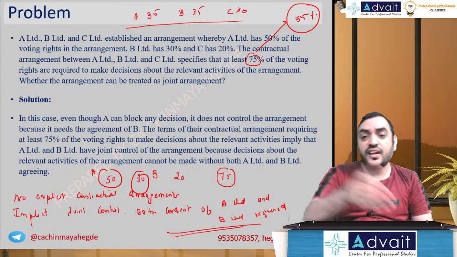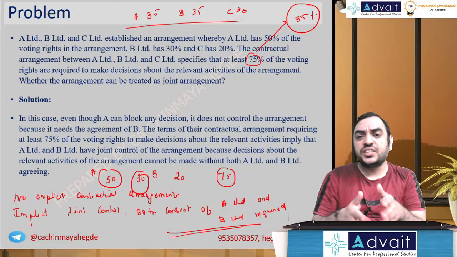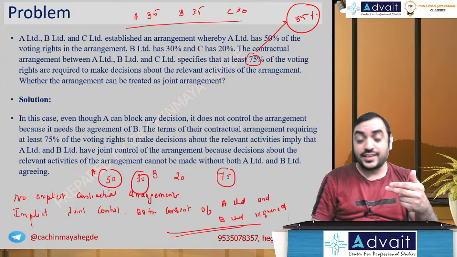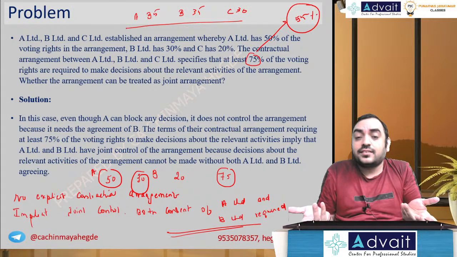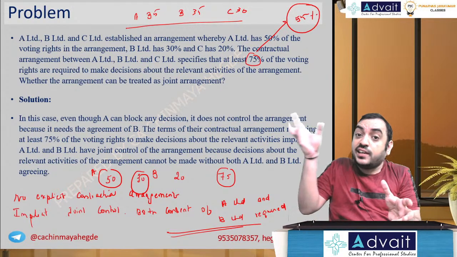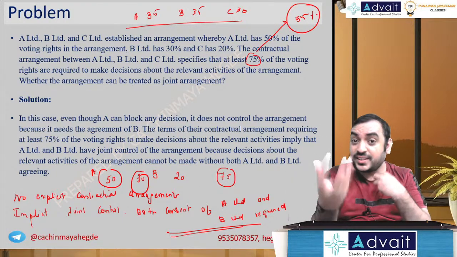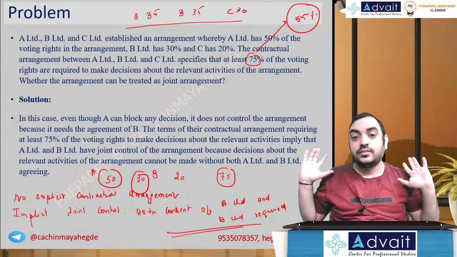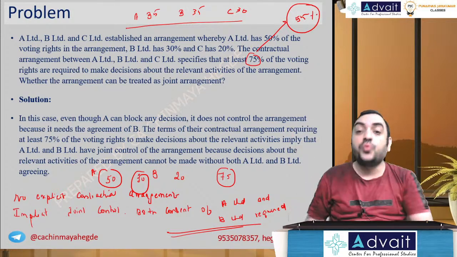So can we say A and B have joint control? No. Sir, A and B, 35, 35, 70, they can make the joint decision. They can make the joint decision, but are they obliged to do it? No, right? If A and B have a contractual arrangement between themselves that we have to agree upon, then only will we make a joint vote.